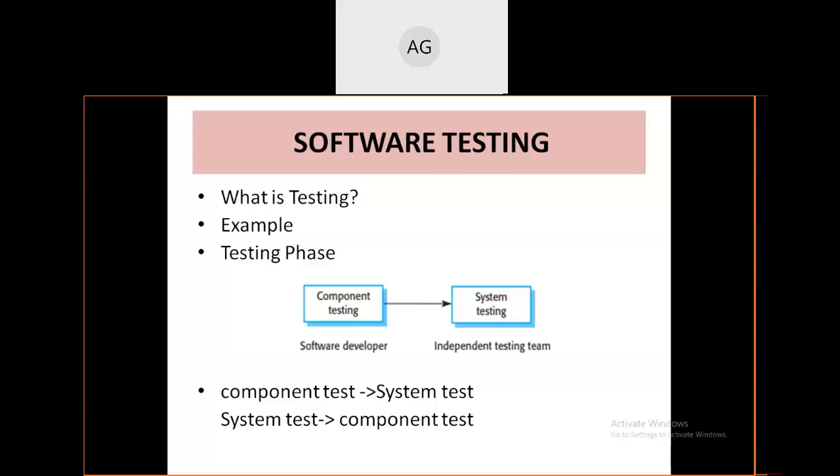Because suppose you do not test anything, and directly after writing the code you say, I have done my work, I have completed this application, and you launch it directly without testing. After the client receives it, suppose some modules do not work correctly, or errors occur when executing.